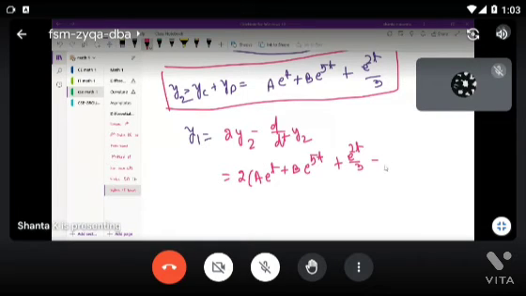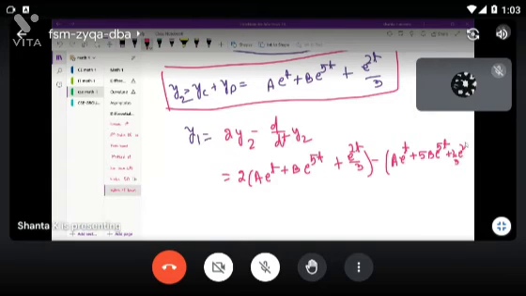So a e to the power t remains a e to the power t. Plus 5b e to the power 5t, and this will be 2 by 3 e to the power 2t. You also do the calculation because I sometimes make mistakes.